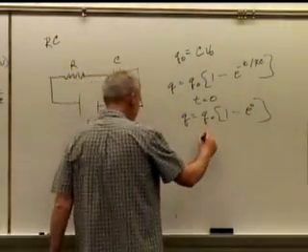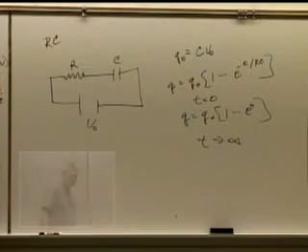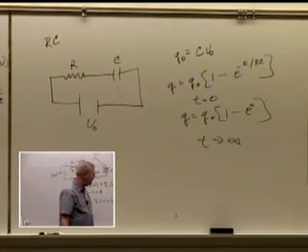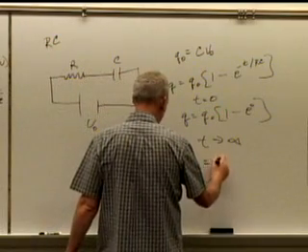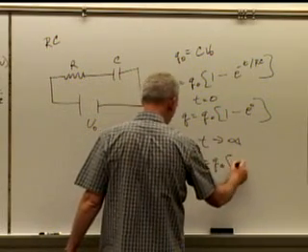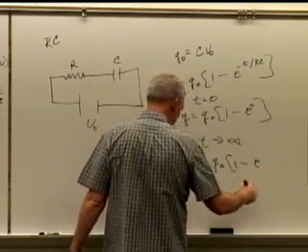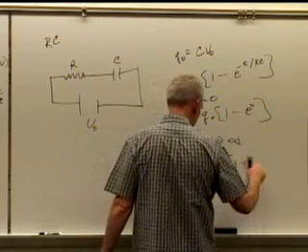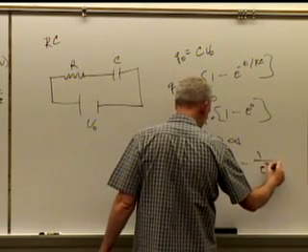Now, let's take t going for a long time, like one of your lectures. So we get Q equals Q naught times 1 minus 1 over e to the infinity over RC.